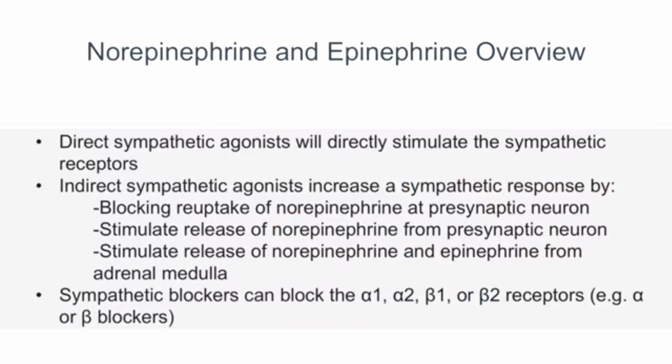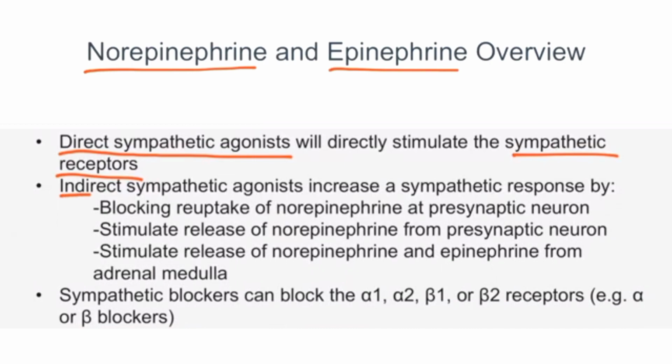Now let's spend a little bit more time talking about norepinephrine and epinephrine. Direct sympathetic agonists will actually stimulate the sympathetic receptors. So that means anything that acts like norepinephrine and epinephrine can simply stimulate those receptors as though it were norepinephrine or epinephrine. Indirect sympathetic agonists will increase the sympathetic response in one of three ways: blocking reuptake of norepinephrine at the presynaptic neuron.